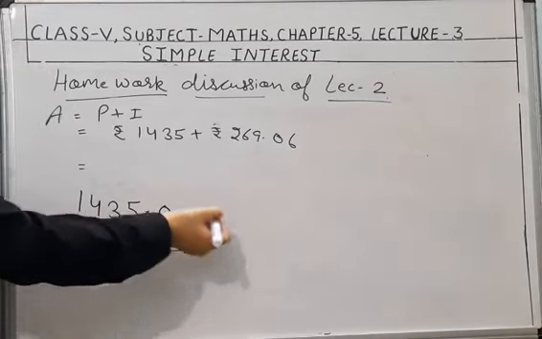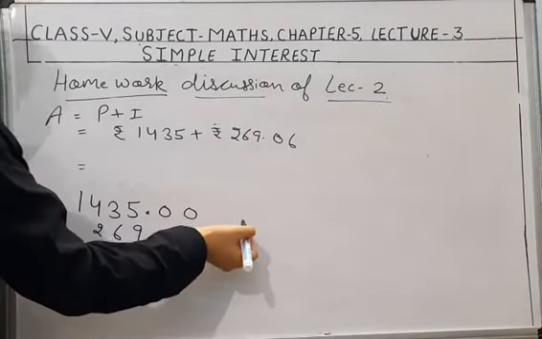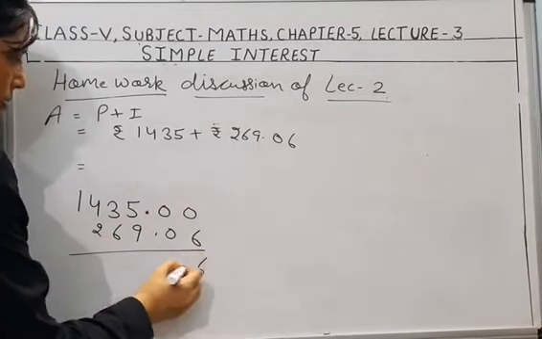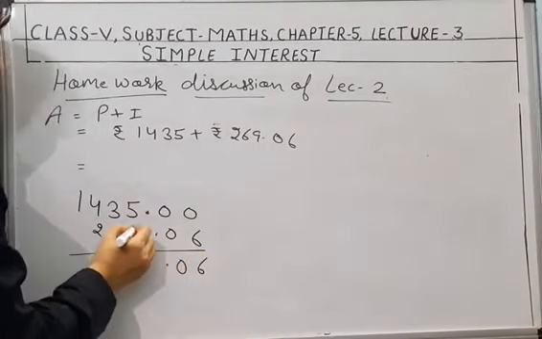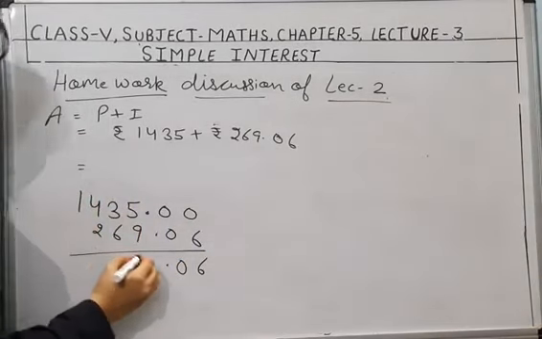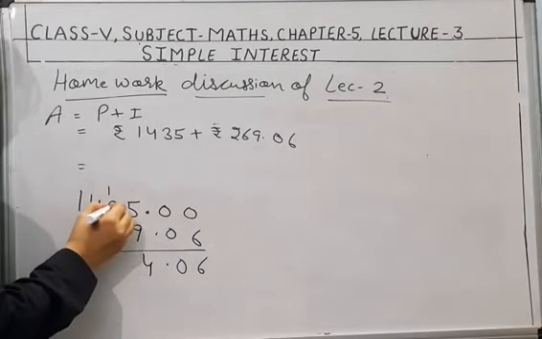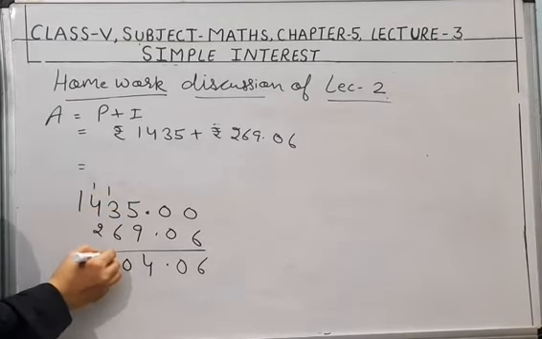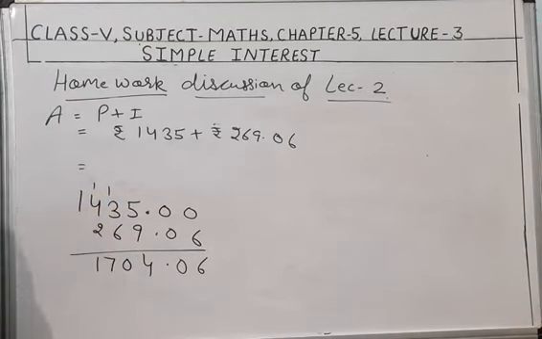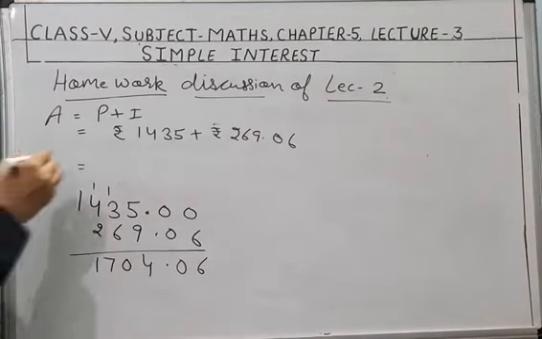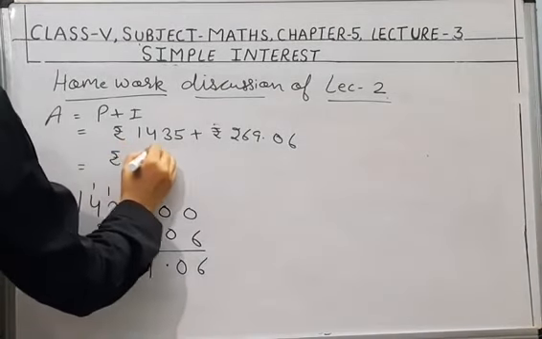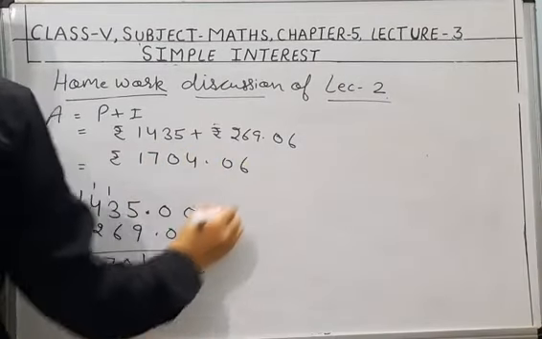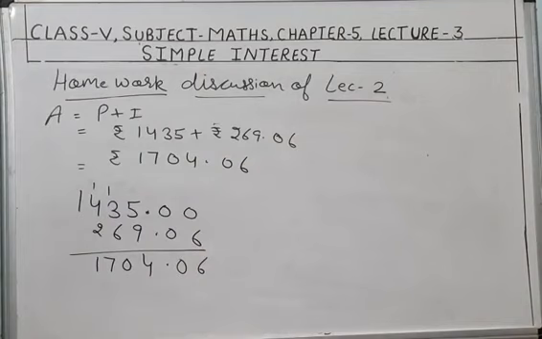Start writing from the last digit, that is the 100th place. 0 plus 6, 6. 0, 9 plus 5, 14. 6, 3. 6 plus 3, 9 plus 1, 10. 0, 1. 4 plus 2, 6 plus 1, 7 and 1. So amount is rupees 1704 decimal 06. Okay.